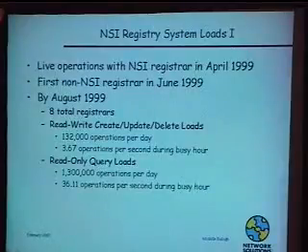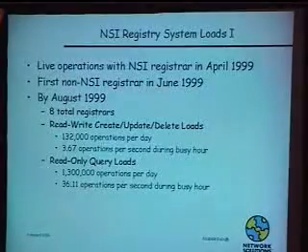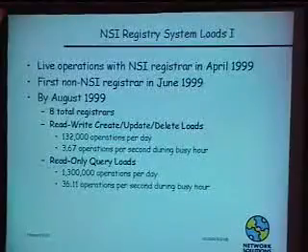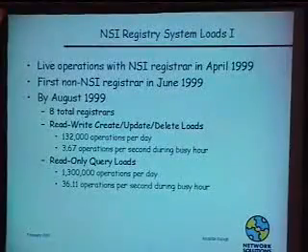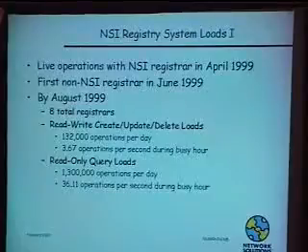Our read-only query loads, which include the check operation, which if you go to pretty much any registrar's website and check for a domain name, it'll come back directly to our database in real time to see if it's available, averaged about 1.3 million operations a day. Around 30 to 35, 40, 45 operations per second during peak times.